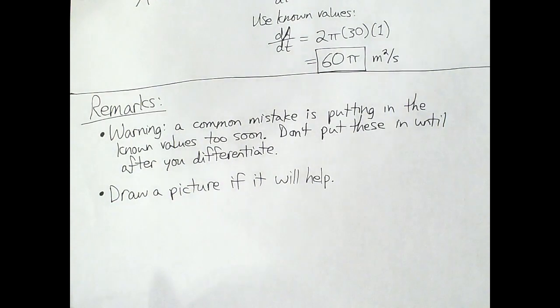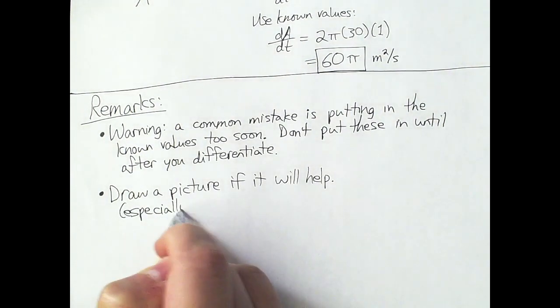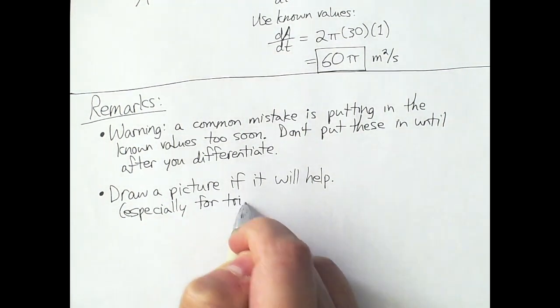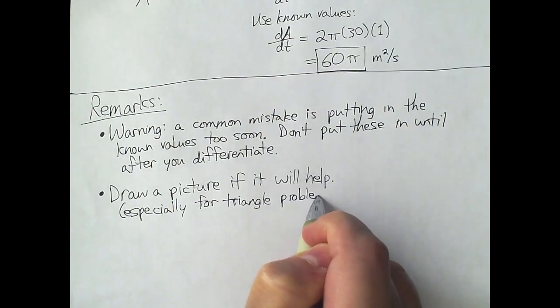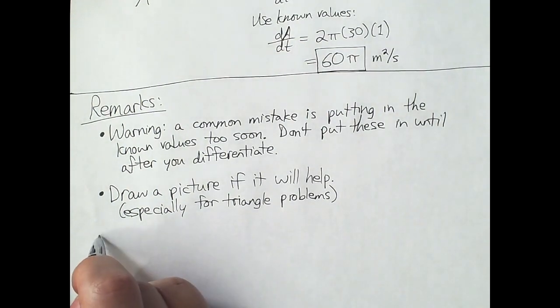What if we had a problem that was like a cube or a rectangle or a triangle? Some of them you can visualize in your head. Sometimes a picture would help, especially for triangle problems. We didn't do any of those yet. But if you get to any that you think there's a triangle involved, drawing a picture is going to help. You can label sides or whatever.